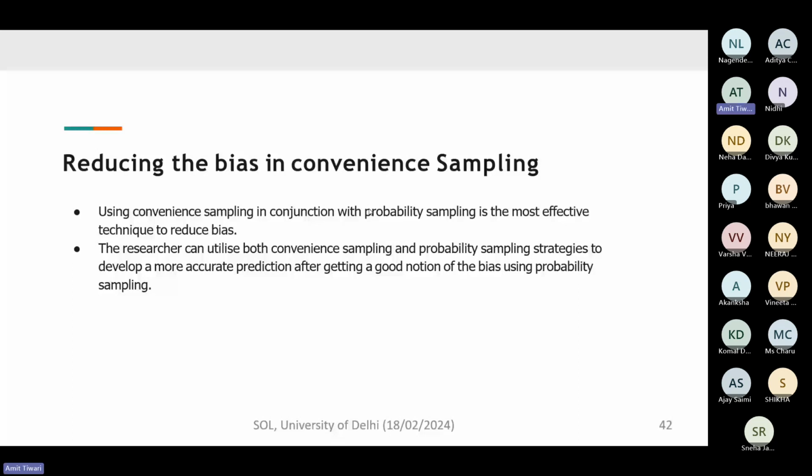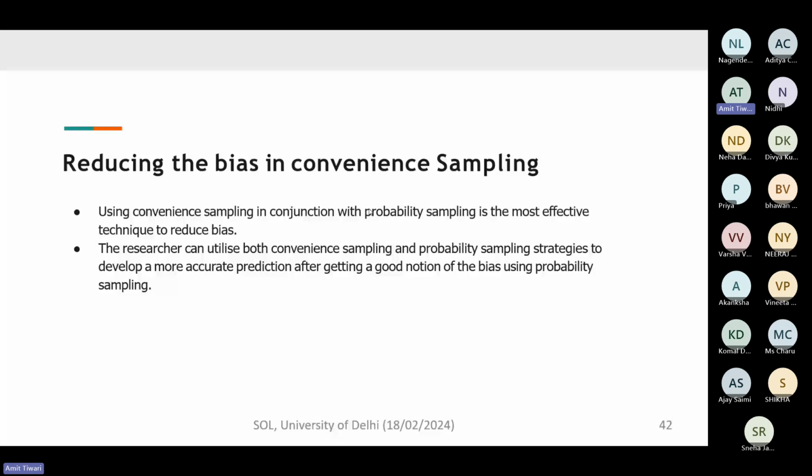I can select one of the students or one of the persons. So even though I am using my convenience, I am also able to reduce the bias in the data. For reducing bias in non-probability sampling, it is advised that to a certain extent you go for probability sampling also, at the second or third stage of sampling.